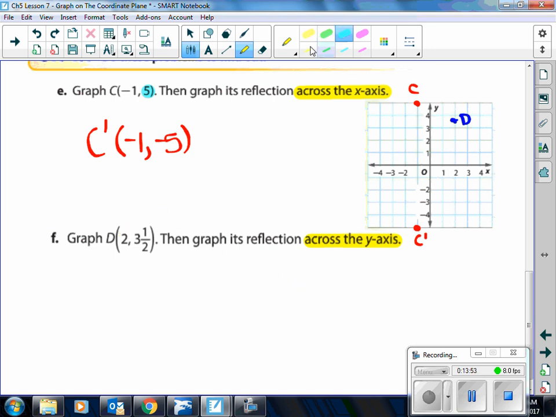The x value changes. Very good. So my D composite will be negative 2, comma, 3 1/2. Got it? So here, negative 2, 1, 2, comma, 3 1/2. 1, 2, 3 1/2 right in there. So that is D composite.